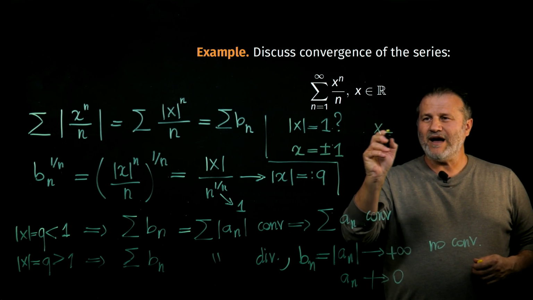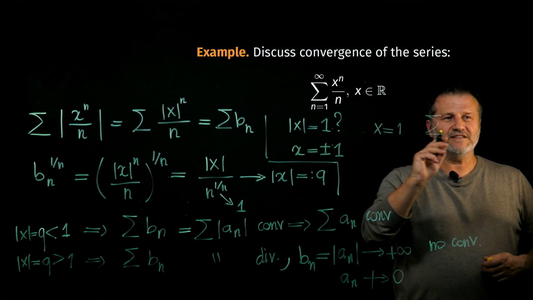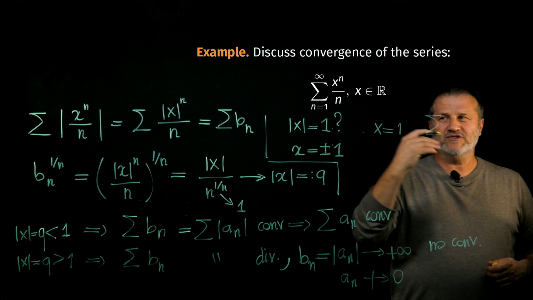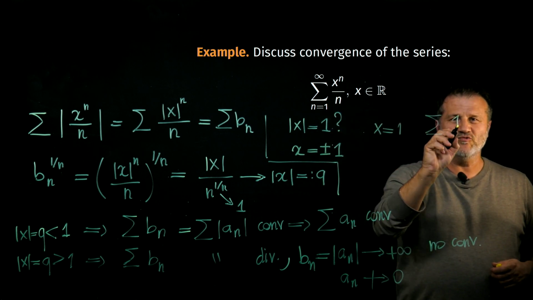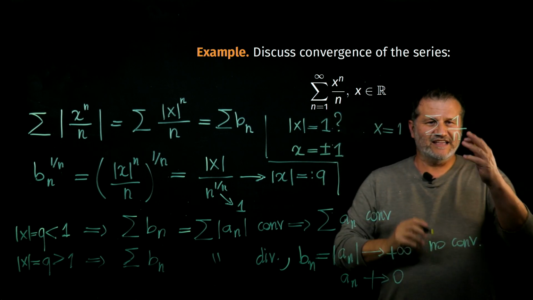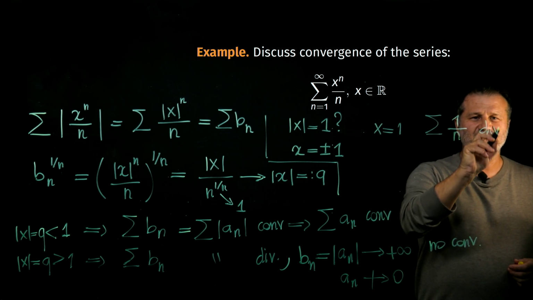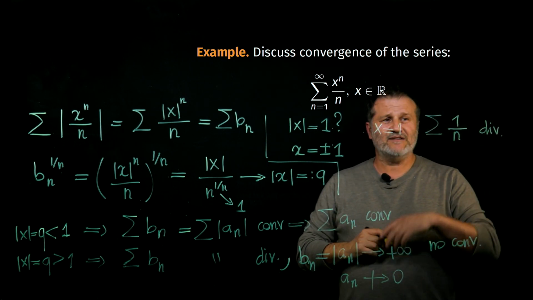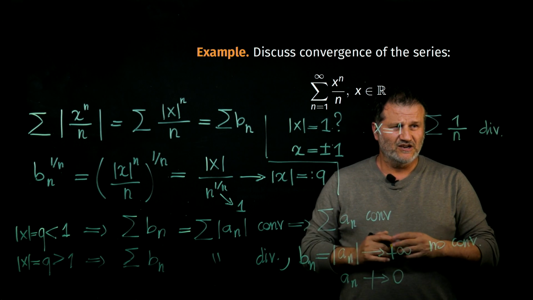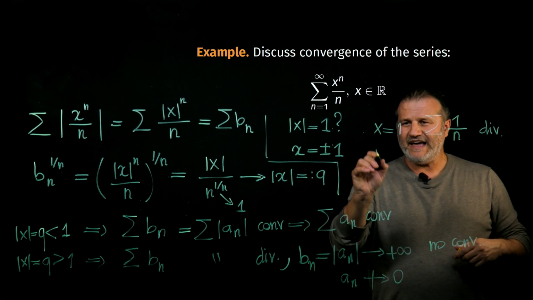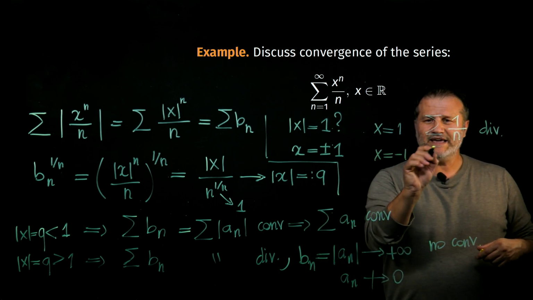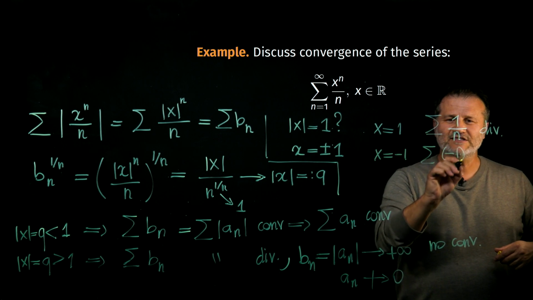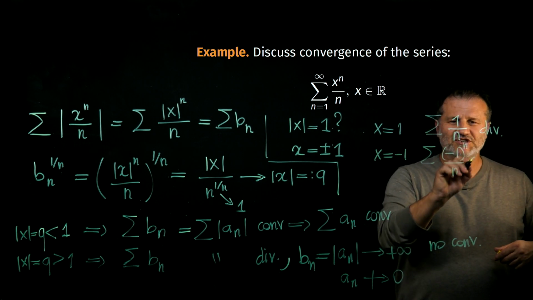For x equal to 1, the series becomes, you plug 1 here, you get 1 to the n over n, so 1 over n, which is a divergent harmonic series, so we can conclude that our initial series cannot be convergent. If x is minus 1, we get the series minus 1 to the n over n, which is convergent.